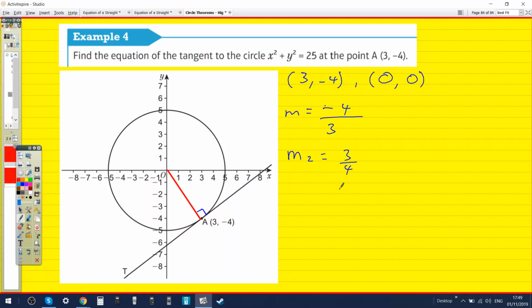Okay, so Y. Do I sub in minus 4 as Y and 3 as X? Yep. Okay. So minus 4 equals 3 times 3/4, which is 9/4 plus c, so it's 2.25, so minus 2.25 on both sides gives us minus 6.25.